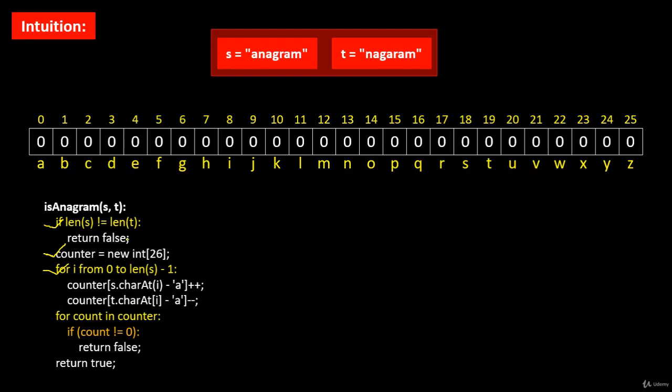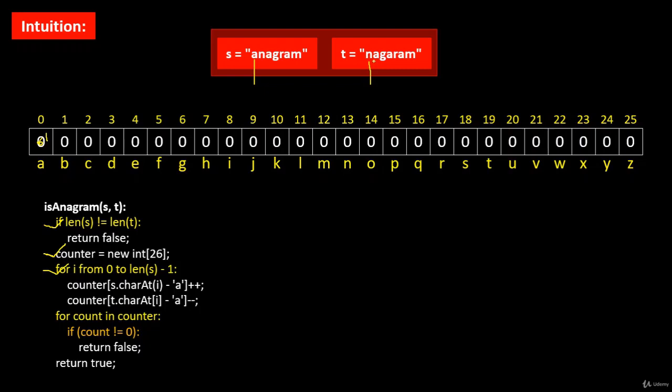Now let's see how it actually works. The first character we have here is A, and the first character we have here is N. For this character, we will increment the value at the index of the corresponding character, so in this case, 0 will be changed to 1.